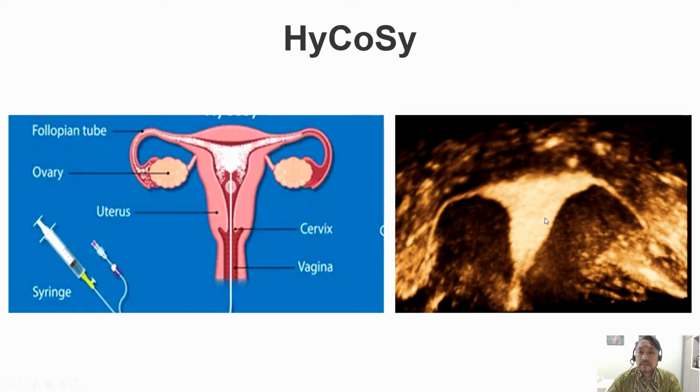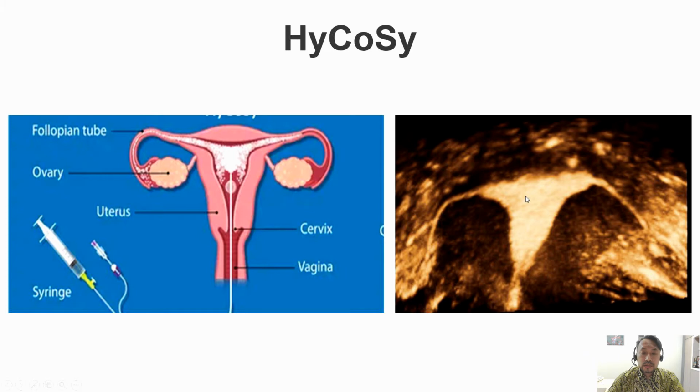But bear in mind, HyCoSy is very difficult because you need a good ultrasound machine and a good ultrasonographer to look properly at the image. It is done using a transvaginal scan.